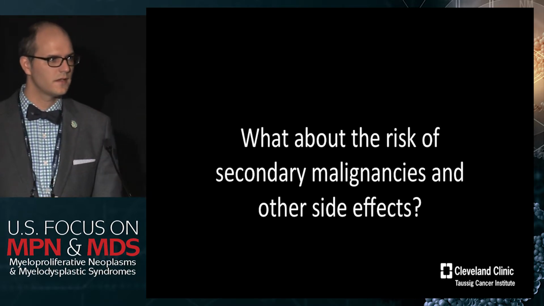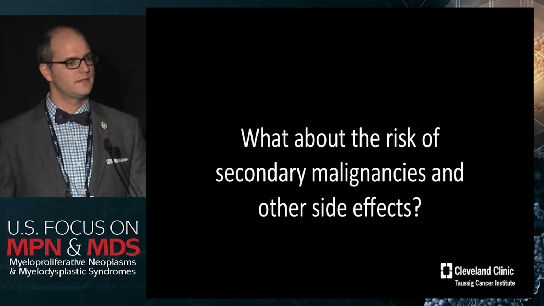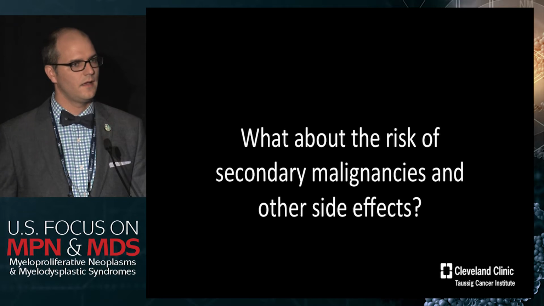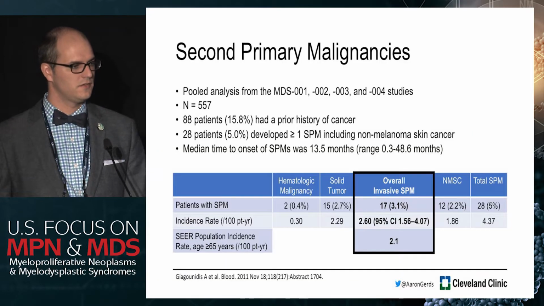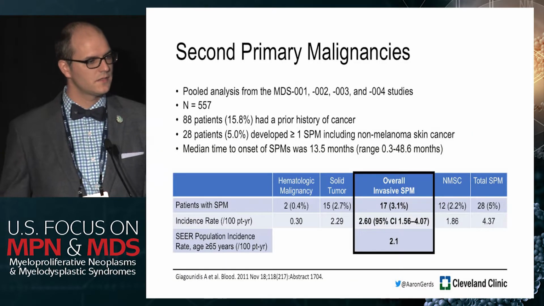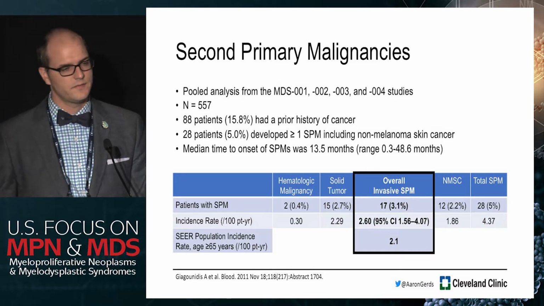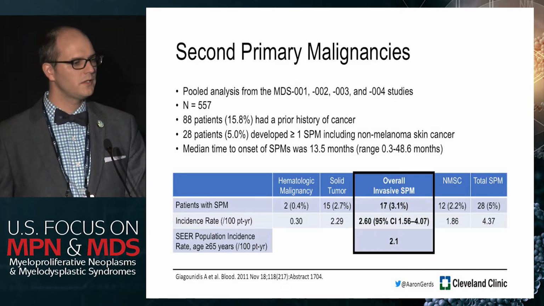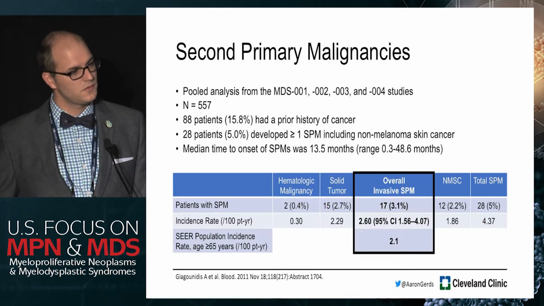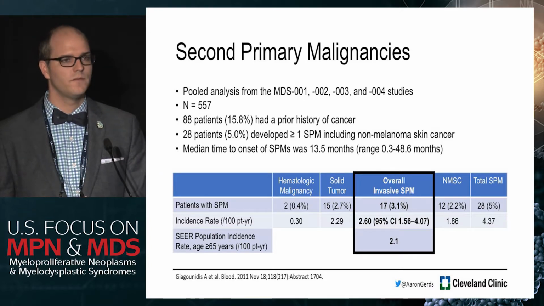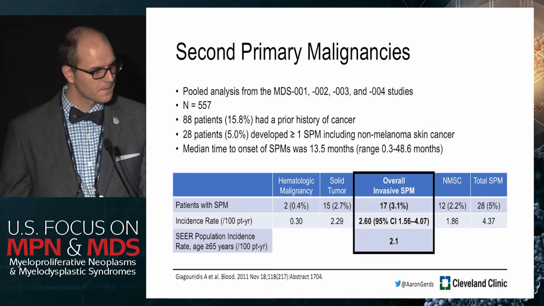One of the concerns, certainly in the myeloma world, is secondary malignancies as well as side effects with treating these patients. One analysis looked at the development of second primary malignancies. This was a pooled analysis from the MDS 001, 2, 3, and 4 studies, and included over 500 patients.